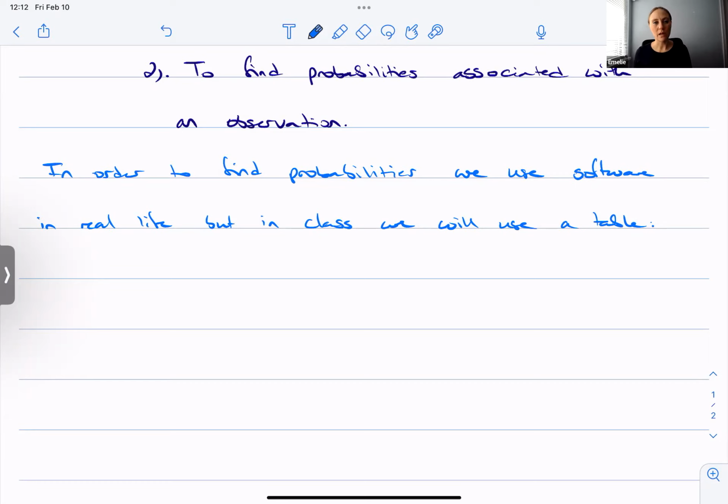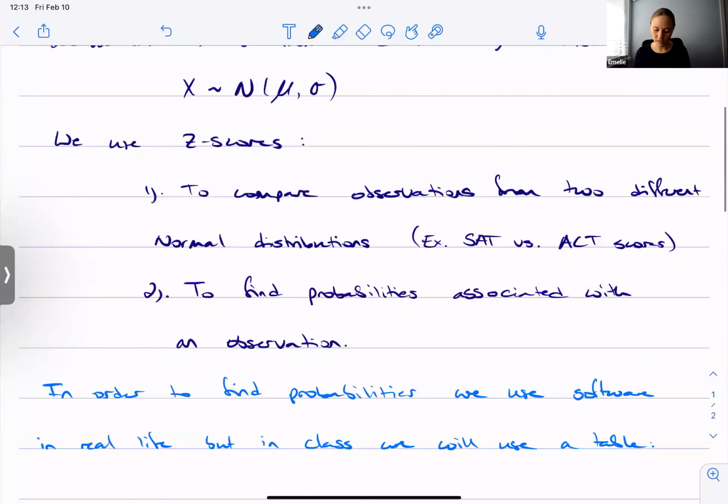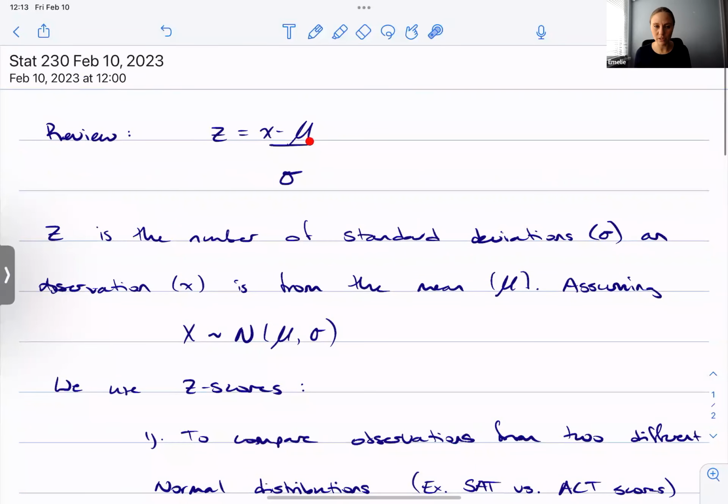The question is, if we're given the median for a distribution A, do we need to find the mean in order to find the z-score? Yes, in order to find the z-score, it does rely on having the mean. So you would have to find the mean and the standard deviation.